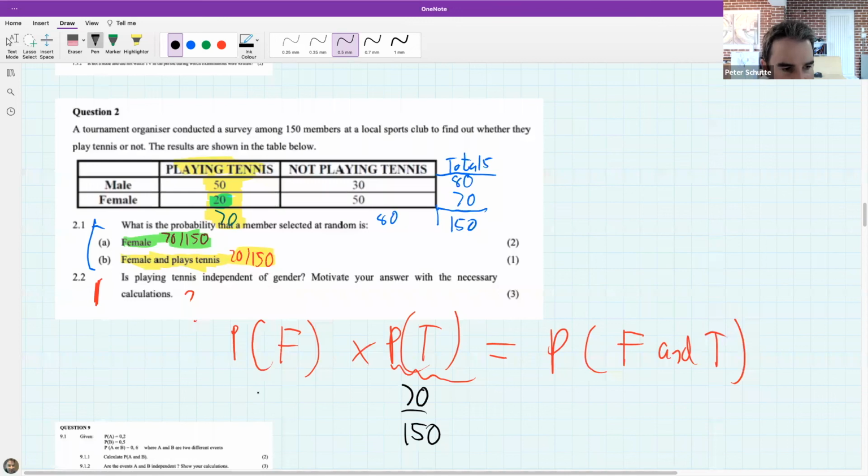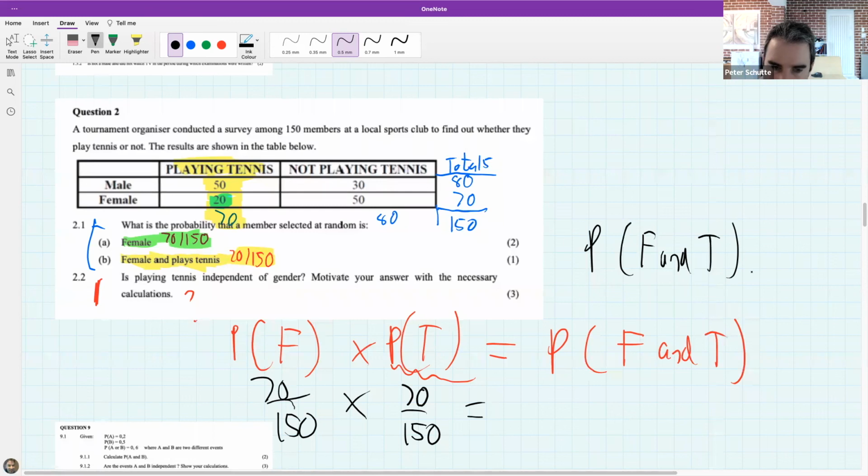And the probability of a randomly chosen person being female is also 70 out of 150. And what we need to figure out now is what that is. And then we also have the answer for F and T already, which was 20 out of 150. So are they independent or not?